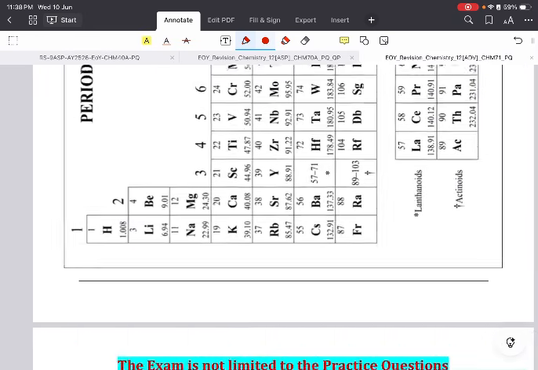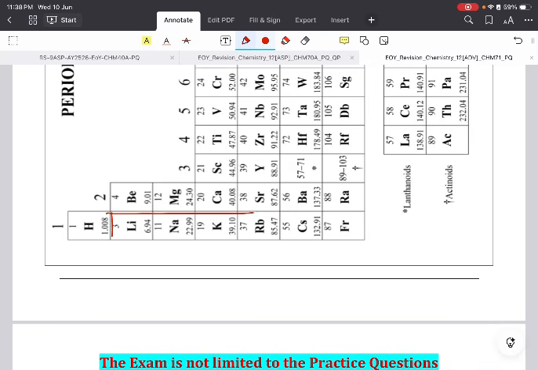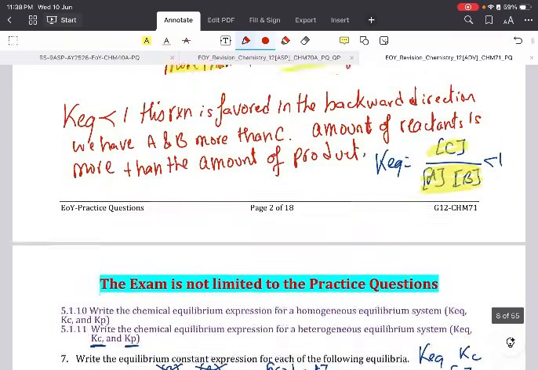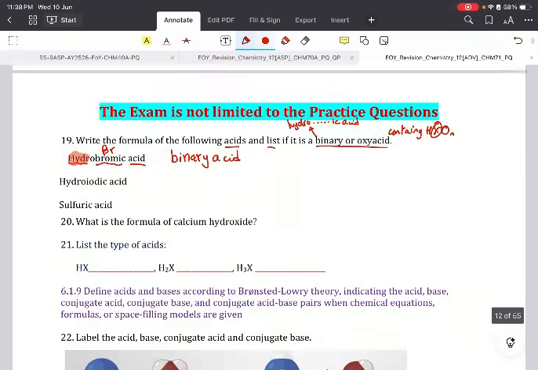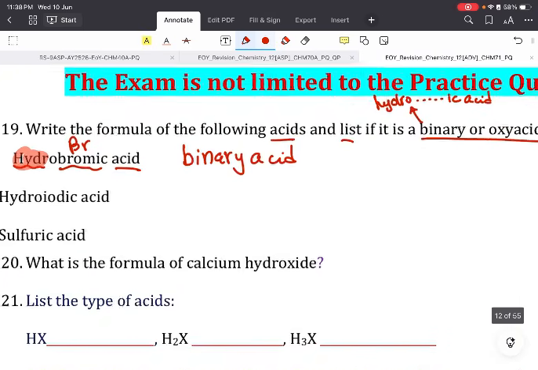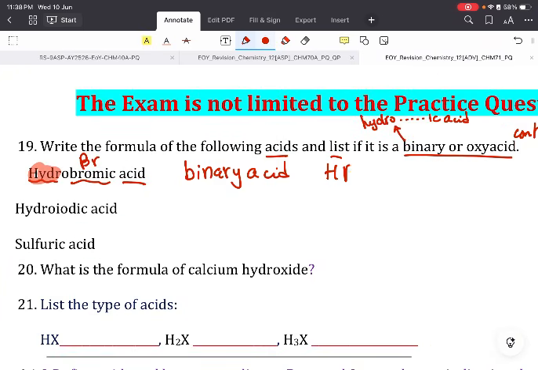And also in the periodic table, make sure you know the names of these metals in case you want to name a base. I'm going to give you an example of a base when a question about base will come. So hydrobromic acid is HBr.